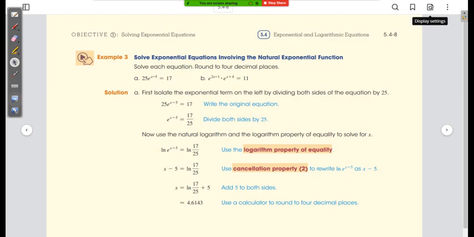Okay, so here we go. Here's some problems, again, just kind of incorporating things that we are familiar with, but now we're solving for an x. Again, the processes that we've done so far are incorporated here. So in A, we see we have a base of 25 and we see we have a base of 17.